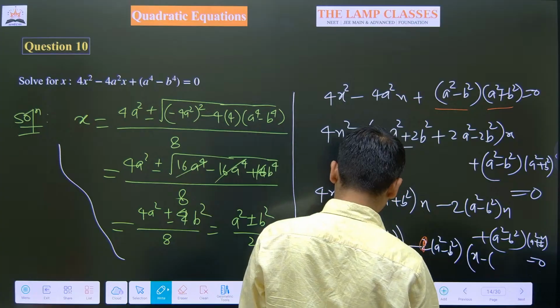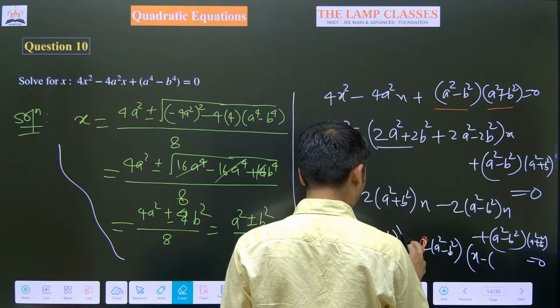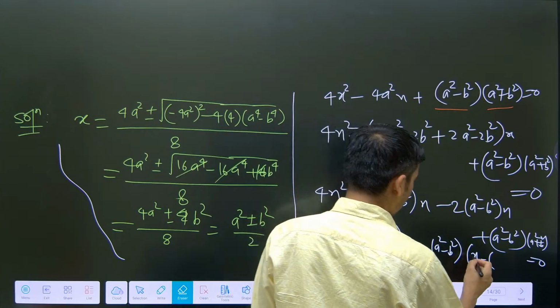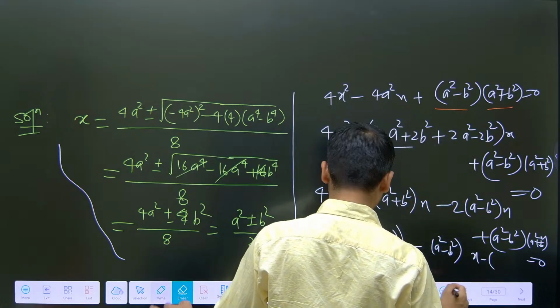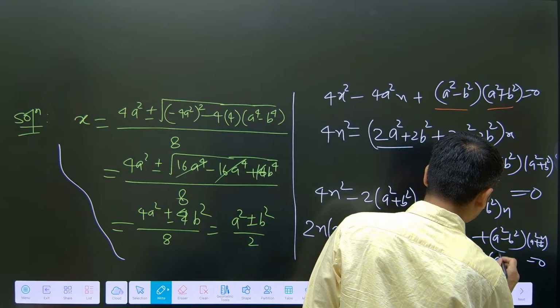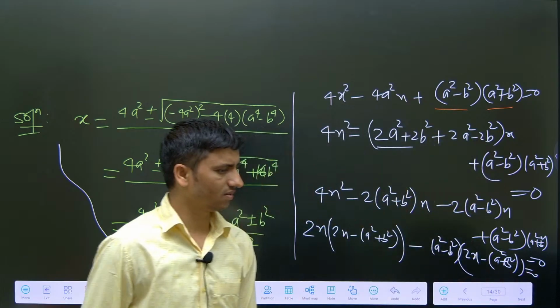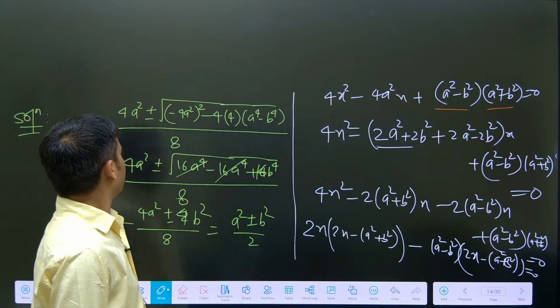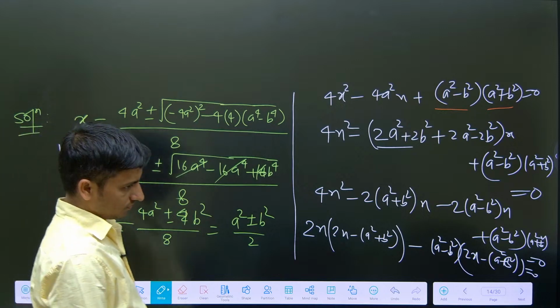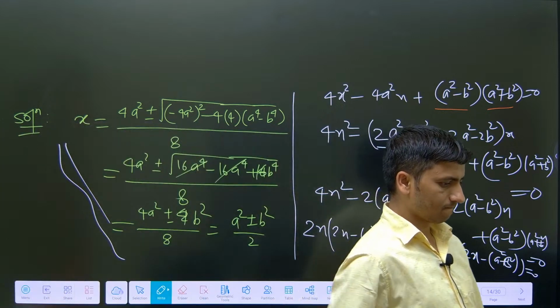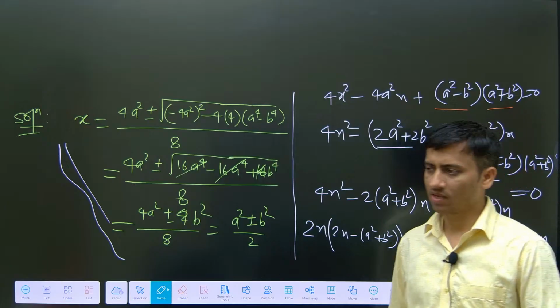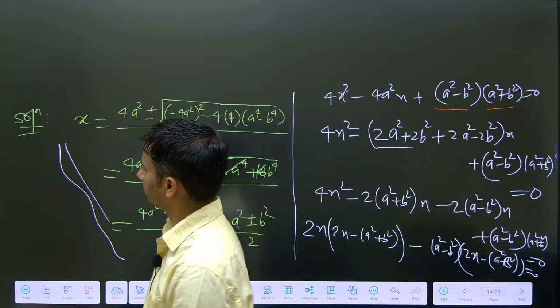We should take common, note that 2x minus a square plus b square, and now it's factorizable. No, this is the better choice. Okay, have you all got it? Alistair, did you get the answer of this?